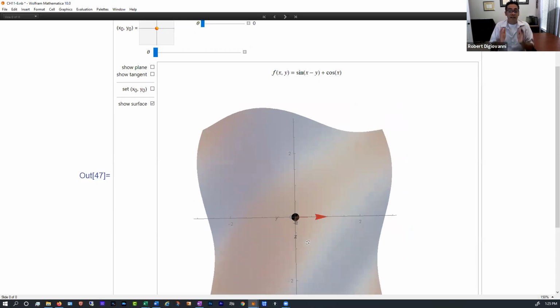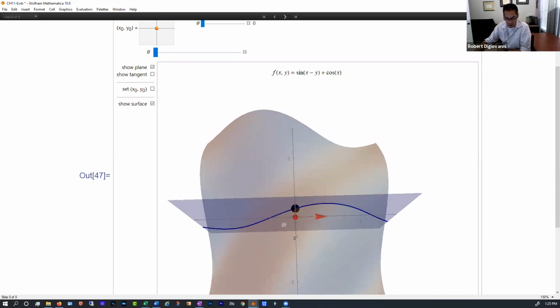So it's like you're standing on that black point up on the surface, and you turn yourself so that when you look down on the ground, like if you could see through the surface, you're aiming the same direction as that arrow, which is the x-axis in this case. And then we slice through with the plane. So there it is, right?